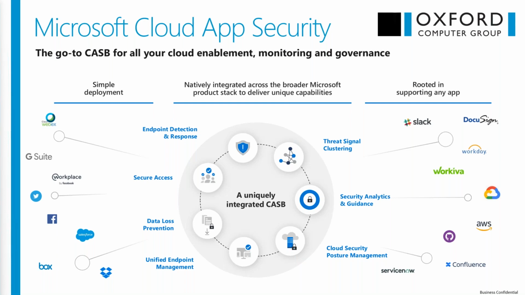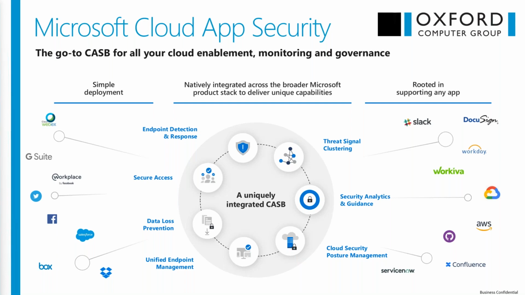So a CASB provides that visibility, and Cloud App Security as a CASB is a uniquely integrated CASB solution because it is part of that Microsoft security posture that helps customers really get visibility into their SaaS applications in an environment, and provide things like session control tied to the data loss prevention engine running within Microsoft.